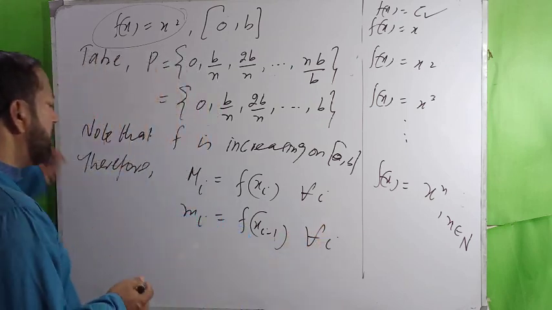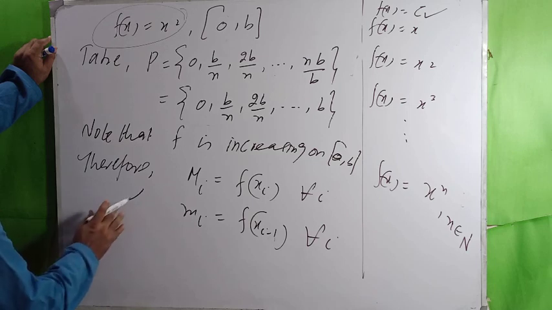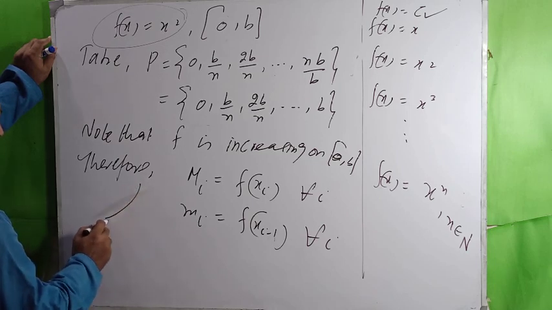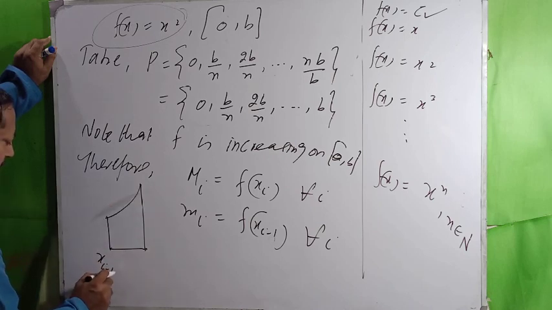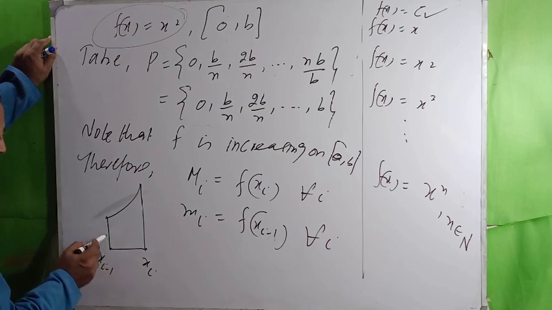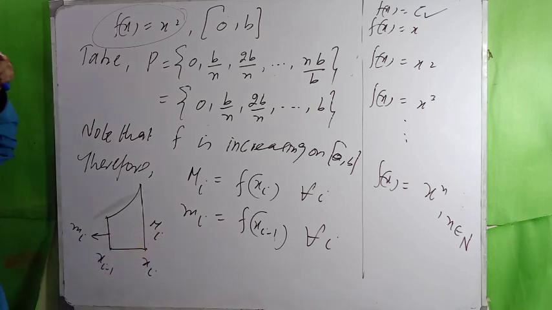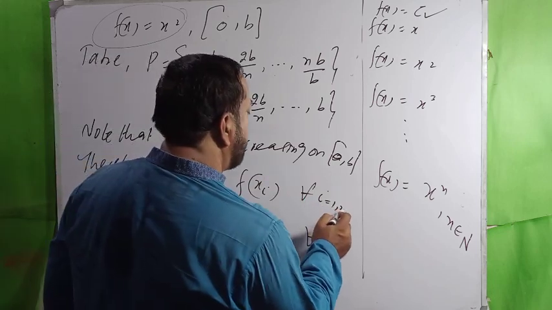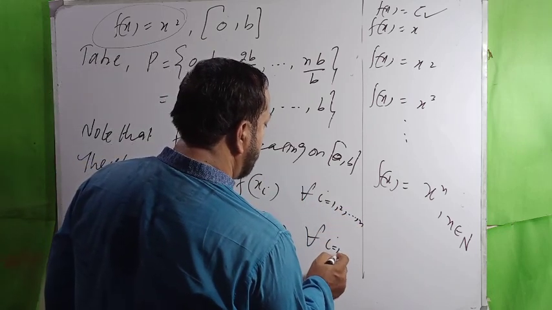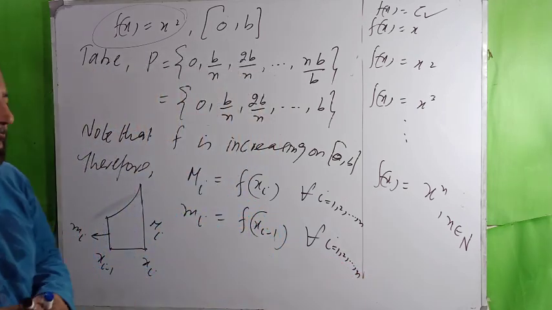Because your function is increasing, with xi minus 1 and xi on the axis, this number is mi and that number is Mi, and this is happening for all values of i from 1 to n.